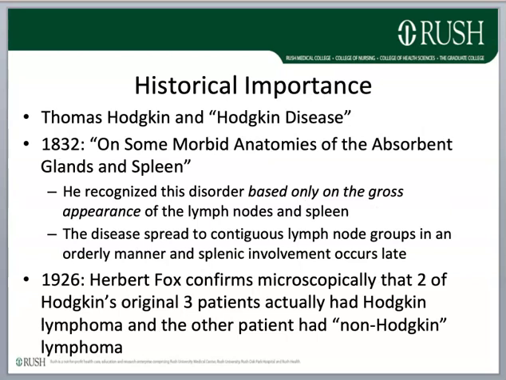I just want to provide a little historical background to Hodgkin lymphoma. It was discovered by Thomas Hodgkin, who gave his name to Hodgkin disease. And he was a lecturer in morbid anatomy, as pathology was known back in the 1800s. He also was the curator of a medical museum at the new Guy's Hospital Medical School in London in 1826.